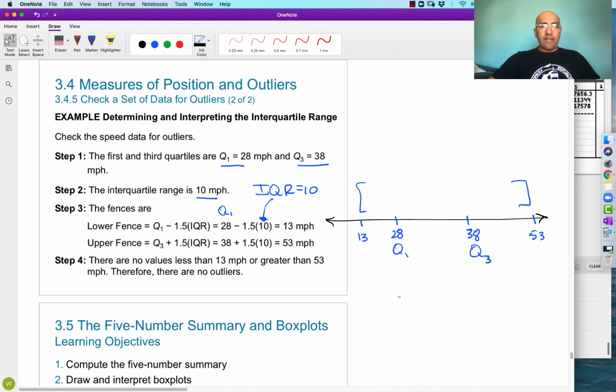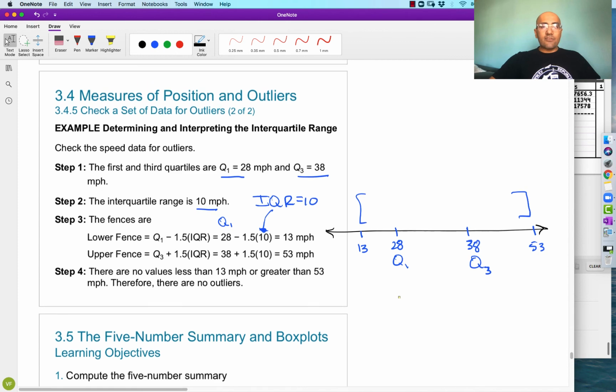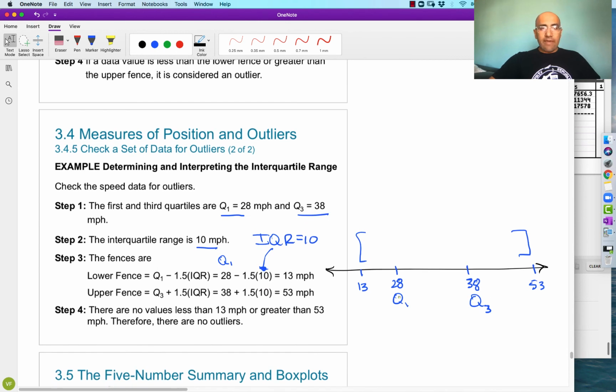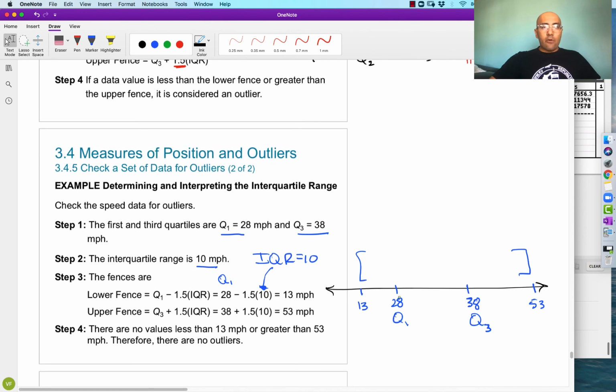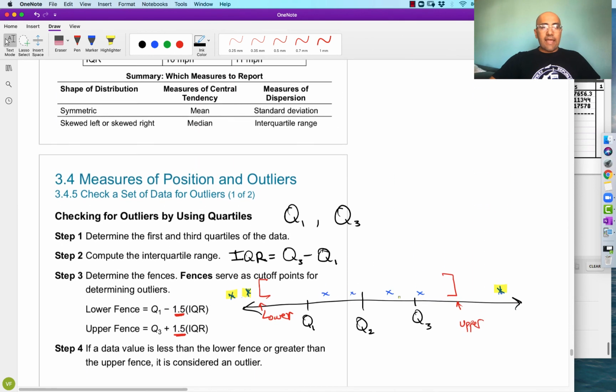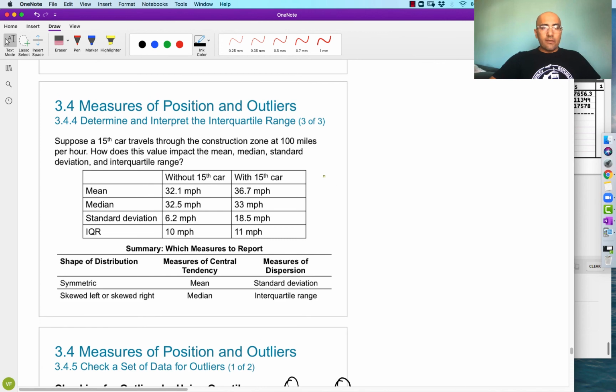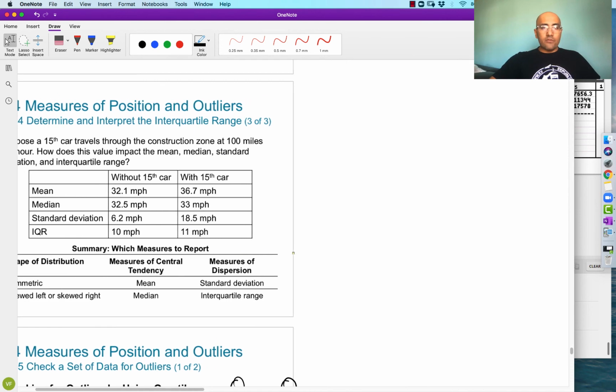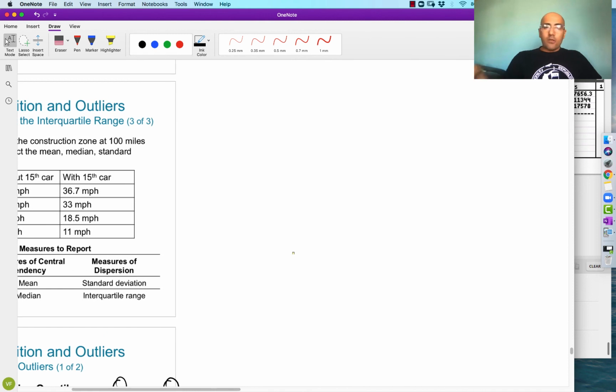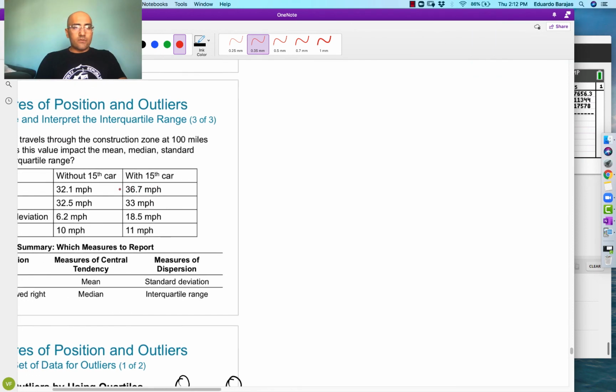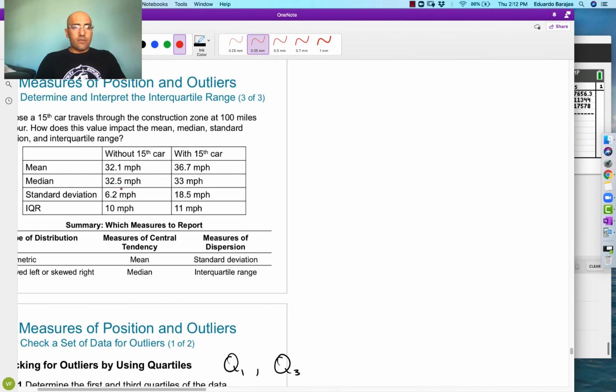Let's do the same thing now if we tossed in the extra value of 100. How do we mathematically confirm the 100 is an outlier? So now if we toss in that extra value of 100, these are our results. Let's find our lower and upper fences using this information.